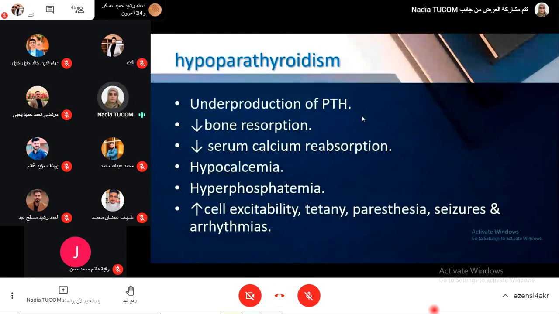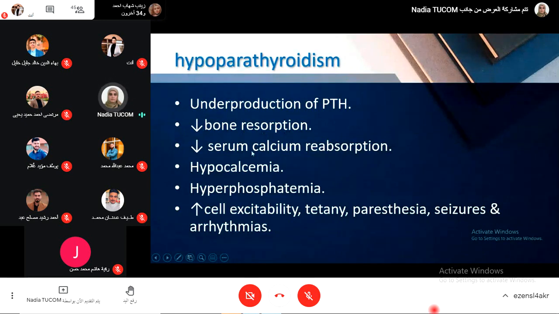In hypoparathyroidism, calcium is low. Laboratory result: there is decreased production or underproduction of parathyroid hormone, so bone resorption will be decreased.